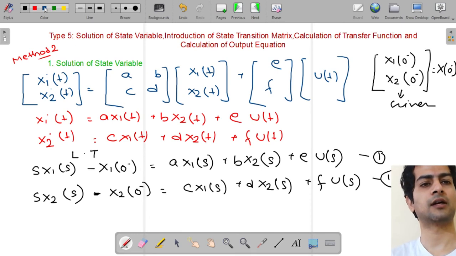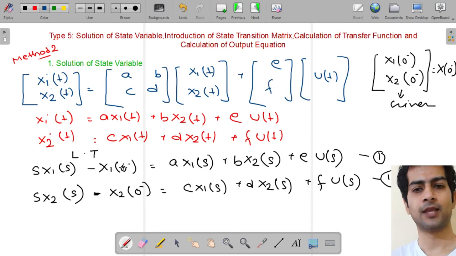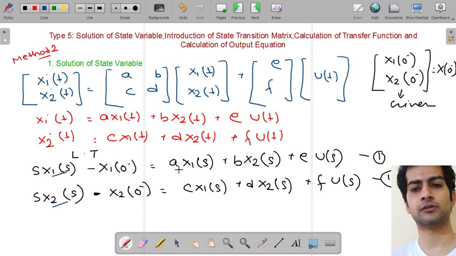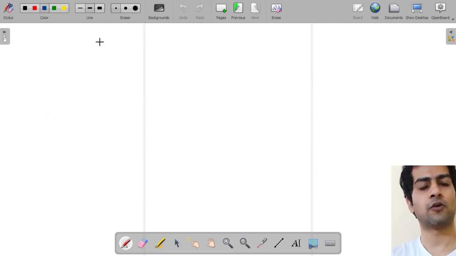Now you can see what we are having here. We are having two equations, equation 1 and 2, and two unknowns. x1(s) and x2(s) are two unknowns. Means we have two equations, two unknowns. We can easily find out the value of x1(s) and x2(s). So what we have got now? By solving these two equations, we will get x1(s) and x2(s).